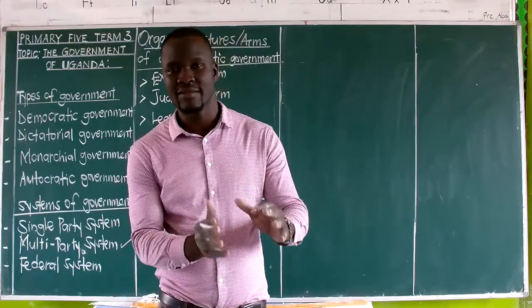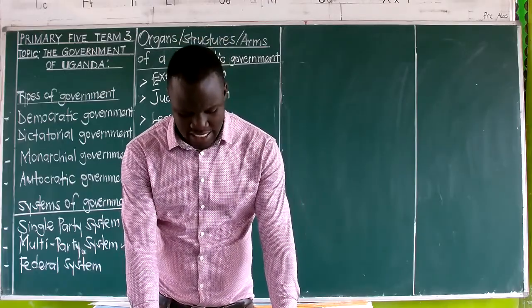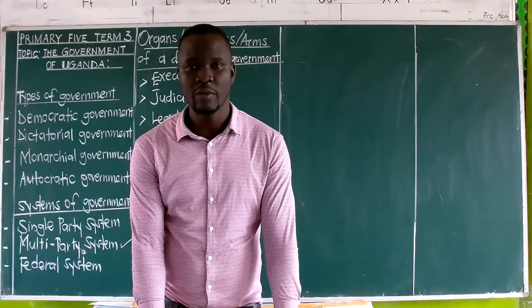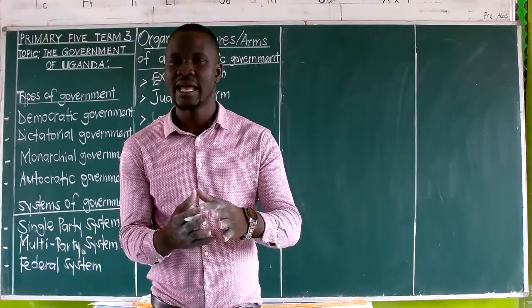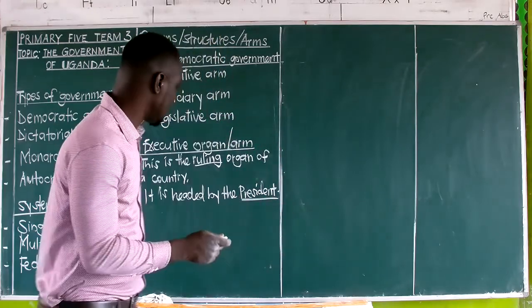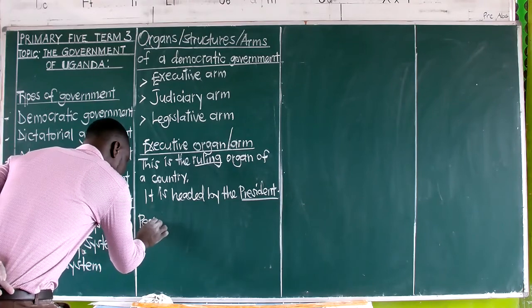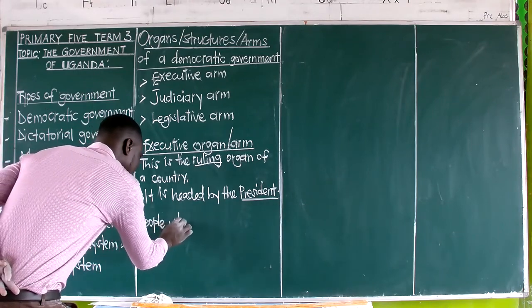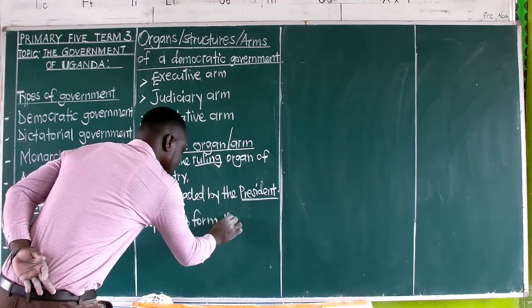That is where we have the president heading. Therefore, we shall also be looking at other people who form these organs, like the vice president. Before we come to the duties, let's look at people who form the executive organ of government.